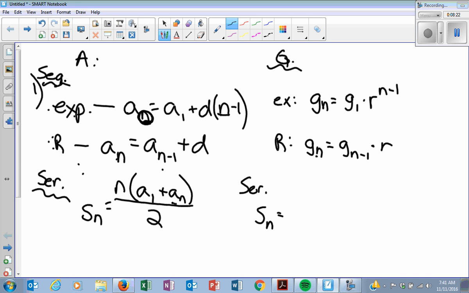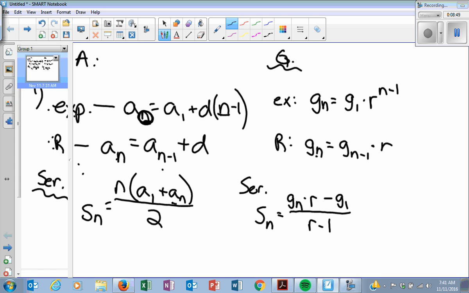Sn equals Gn times R minus G1 divided by R minus 1. Alright, so let's go through this.